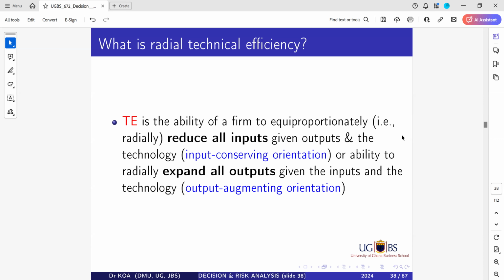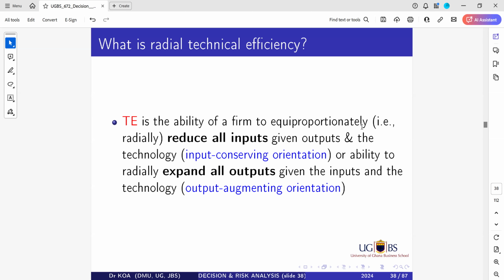We are still moving. I'm going to end with radial efficiency and non-radial efficiency. Now you can have radial technical efficiency, and you can have non-radial technical efficiency. Take note.